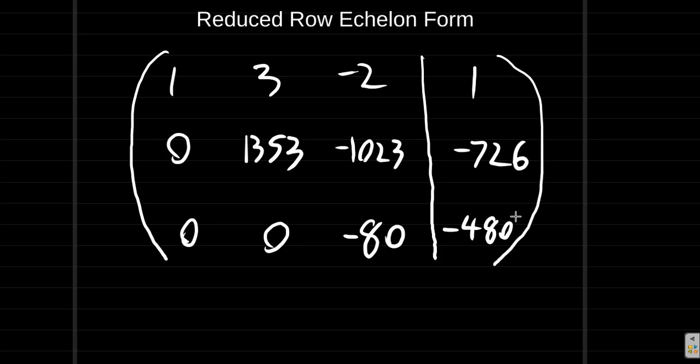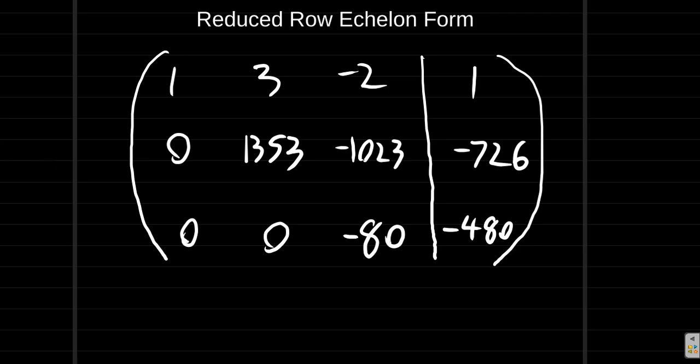In our previous video, we solved three equations in three unknowns using the Gaussian elimination method. At some point, we had this augmented matrix, and then we used it to find x, y, and z.